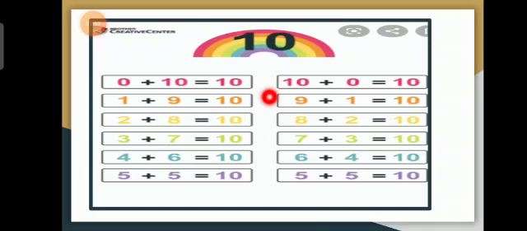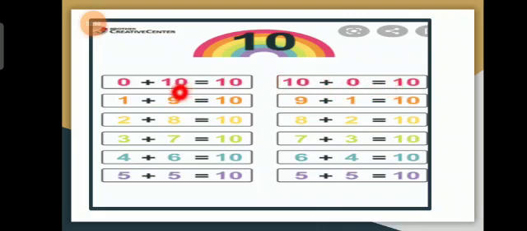Okay, look at this one slide. On this slide, we have some more combinations of 10. Let's explain it. 0 plus 10 also makes 10. And when we add 10 plus 0, the answer will again be 10.